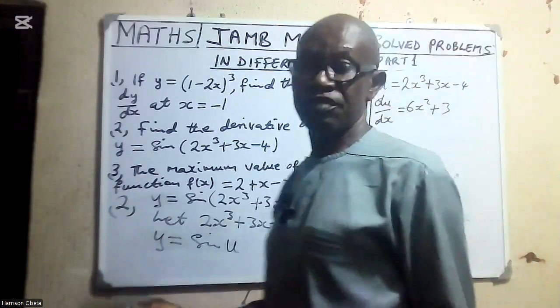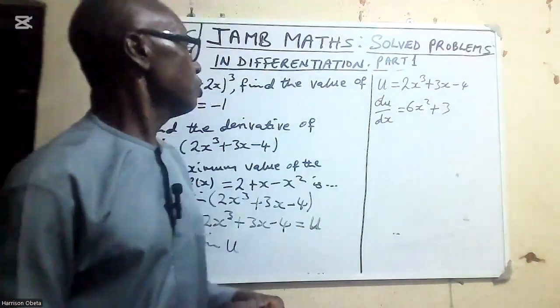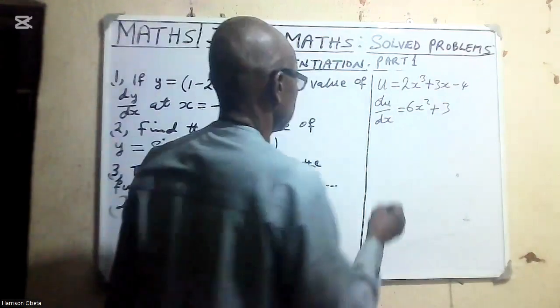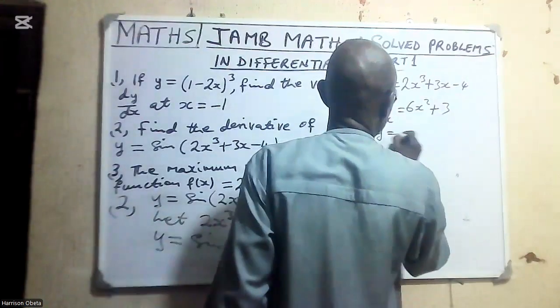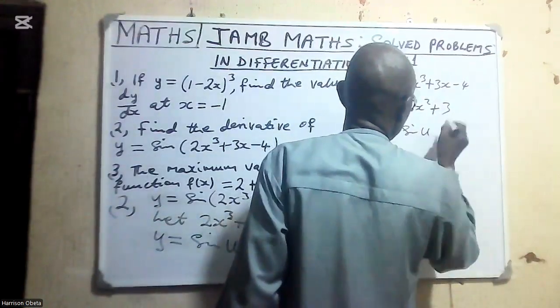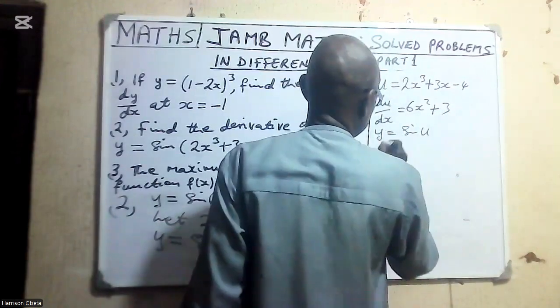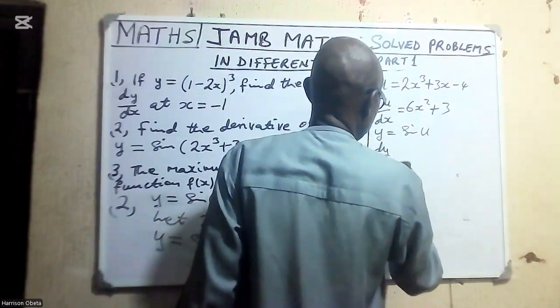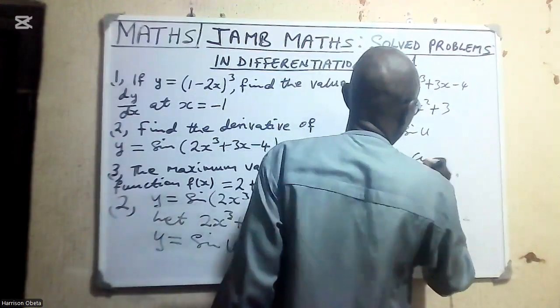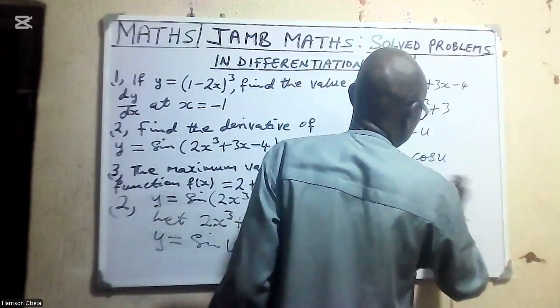Well, the differential coefficient of a constant is 0. Then y is equal to sine u, and that means that dy/du is equal to cos u.